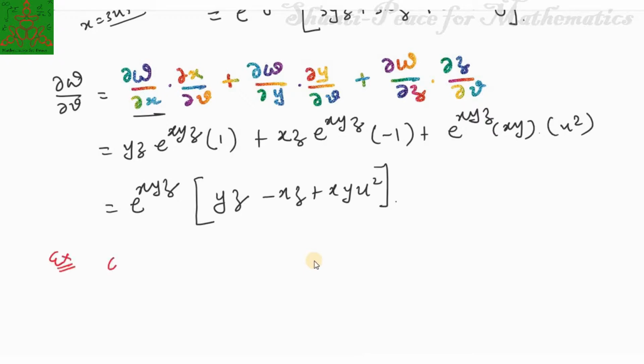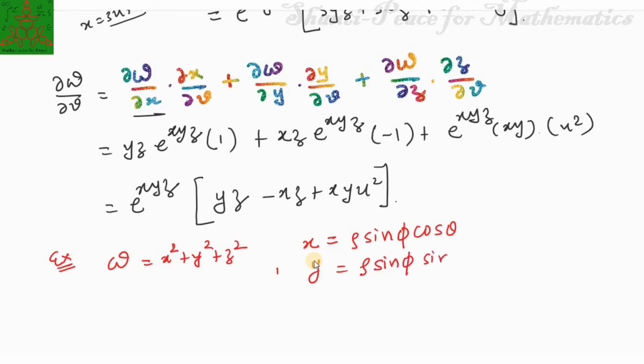Let us say w is x square plus y square plus z square. So this w is a function of three variables, and you are given x as rho sine phi cos theta, y is equal to rho sine phi sine theta, and z is equal to rho cos phi.